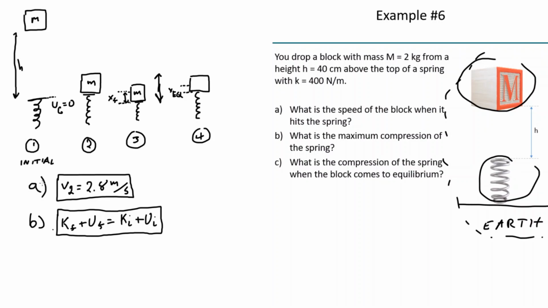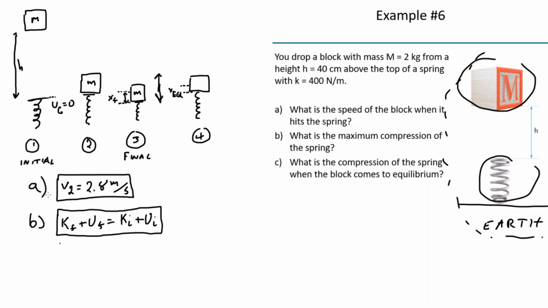So for part B, we're going to use this position 1 as our initial position, and we'll use position 3 as our final position. We want to conserve energy between this point where the block is up here and this point down here where the spring reaches its maximum compression.